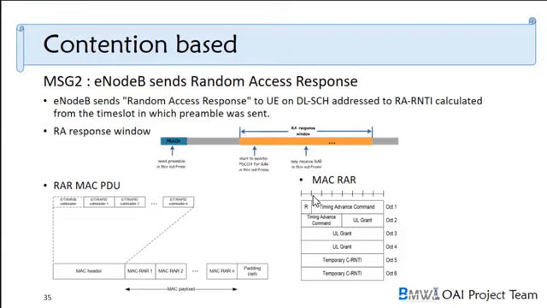And in message 2, the eNodeB sends the random access response. The eNodeB will send a random access response to the UE on the downlink shared channel, addressed to the RA-RNTI calculated from the time slot. So here is the RA response window.